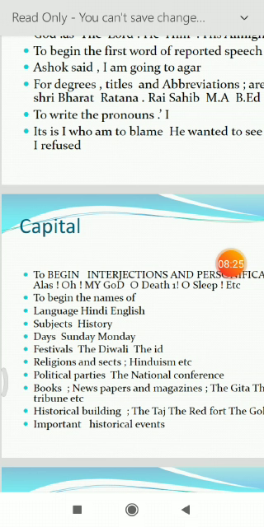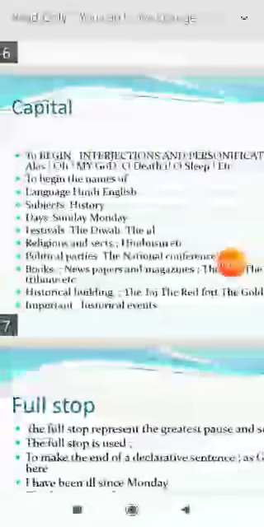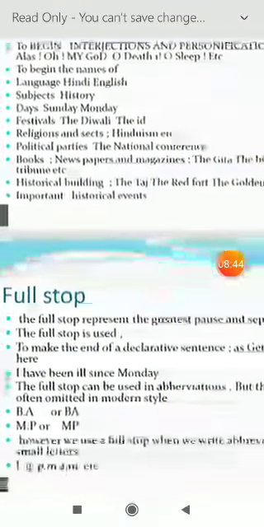But I have written it wrong there. The historical buildings, the Taj, the Red Fort, the Golden Temple, is it clear? And important historical events, such as the First World War, the First World Cup, the first letter must be capital.